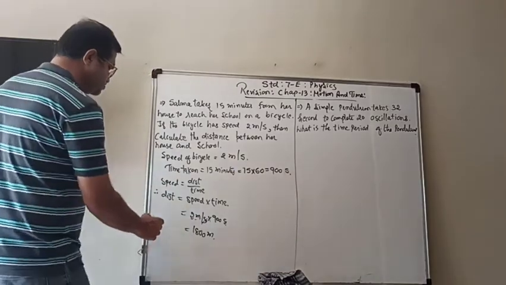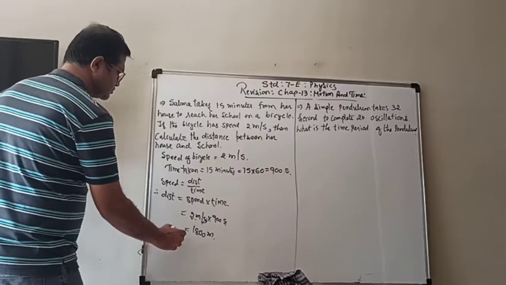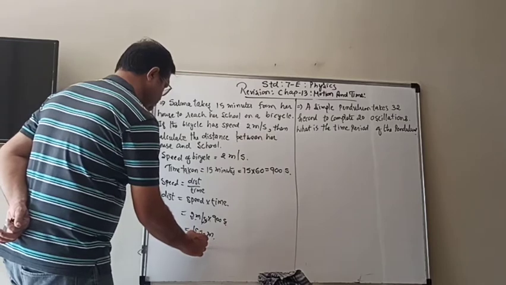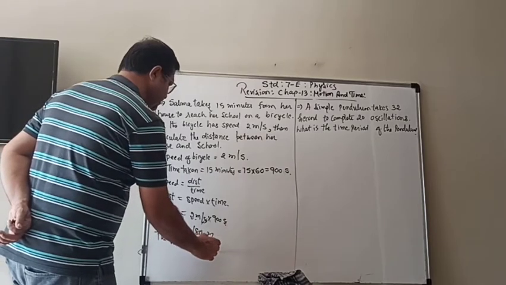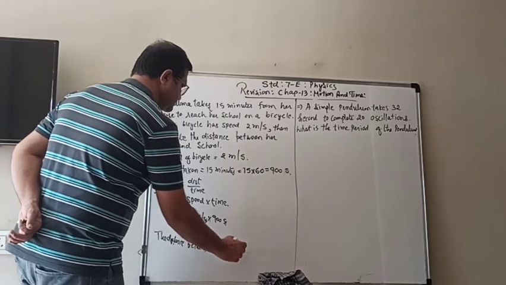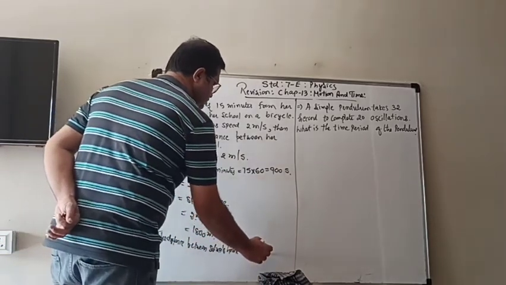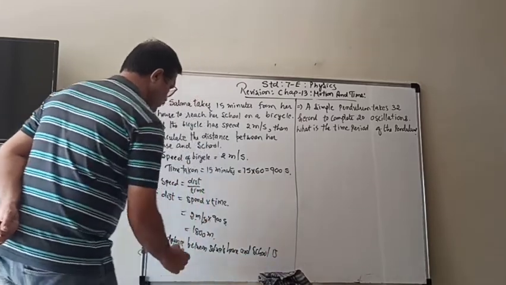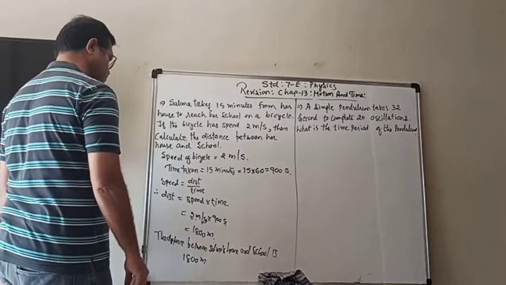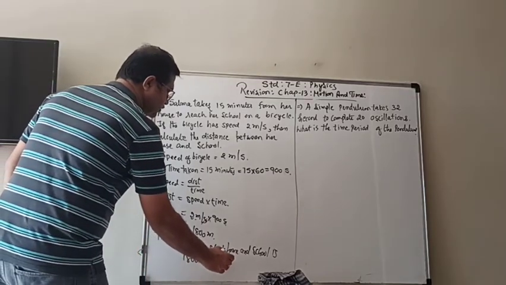So the distance between Salma's home and school is 1800 meter, or you can say 1.8 kilometer.